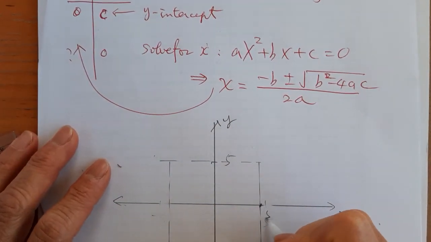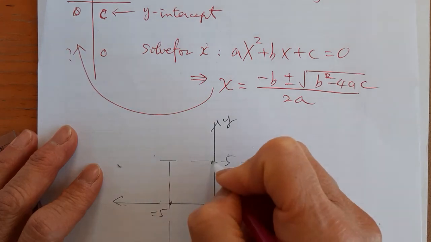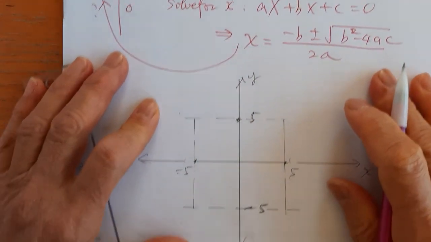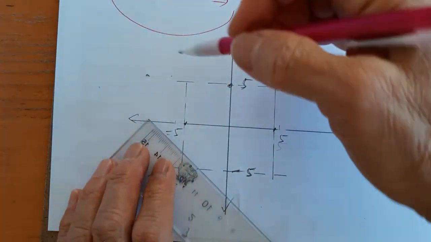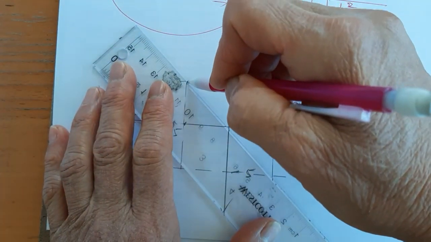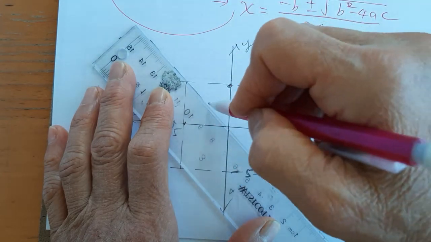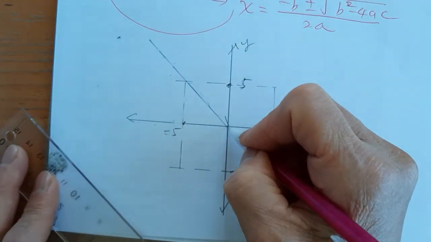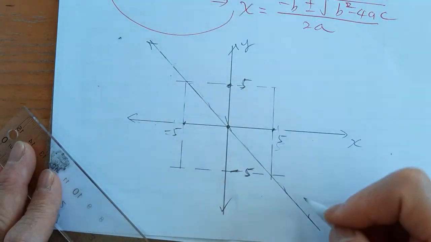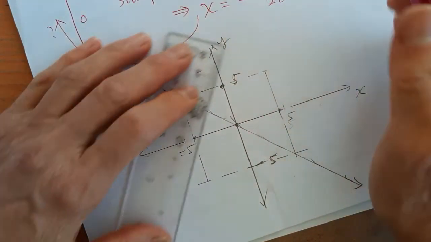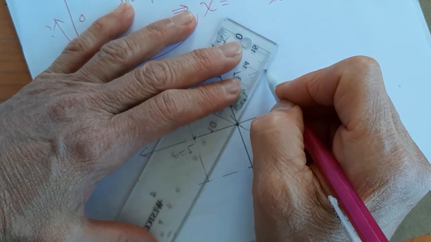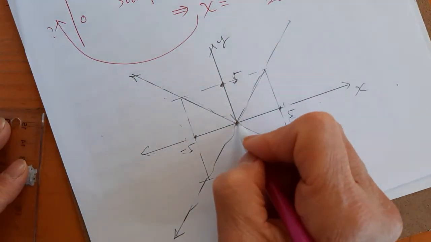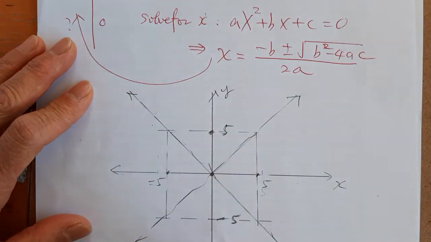Then connect corner to corner through the origin. The two lines we call asymptotes.